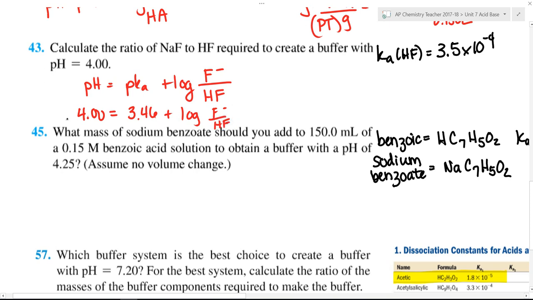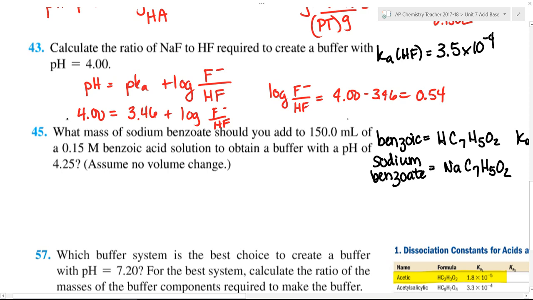And the question doesn't ask me to solve for F or HF, it just asked me to solve for the ratio. So I'm just going to rearrange this so that I can solve for the ratio. So log F over HF equals 4 minus 3.46. So that is 0.54. So the log ratio is 0.54.